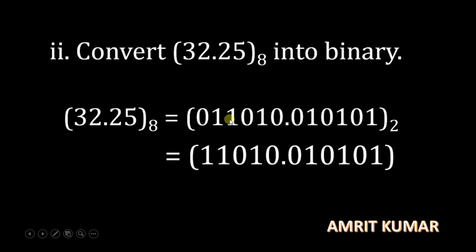We have converted the right of the decimal point by following the rule of octal to binary conversion, that we need to represent a digit in octal by 3 bits. We used that concept to solve this question, and so we have solved the right of the decimal point.